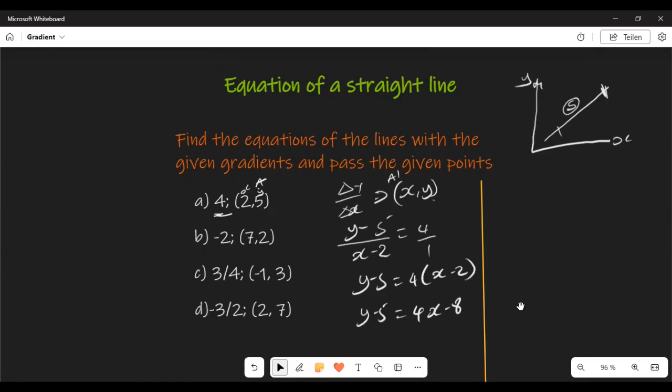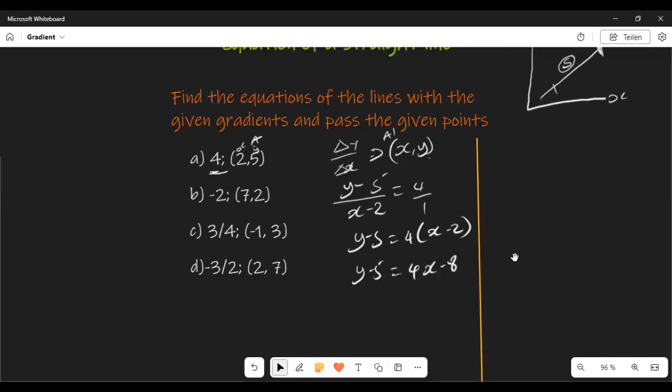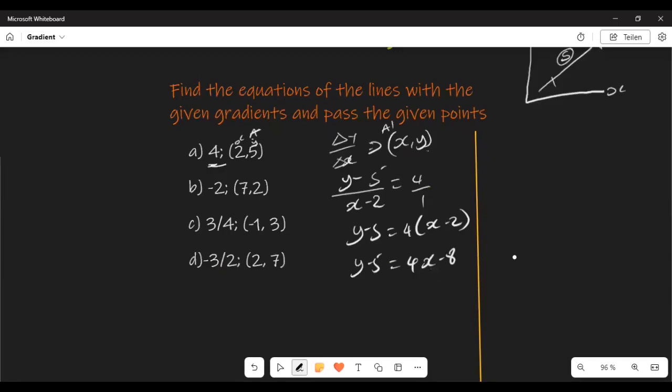So the equation that we're going to work on now, we want to leave it in the format y equals mx plus c, so mx plus a constant.